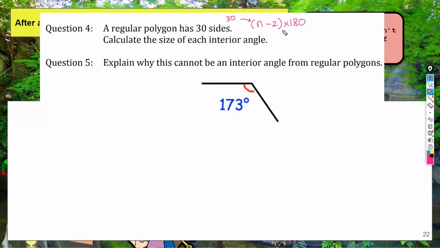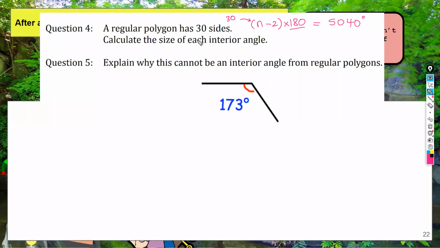30 minus 2 is 28. Take that 28 and multiply it by 180. How many of you at least saw this part on your calculator? 5,040 degrees. Now, that's not the final answer, but you should have seen that at some point in your working. Now, here's the thing. If a shape has 5 sides, that means it has 5 angles.